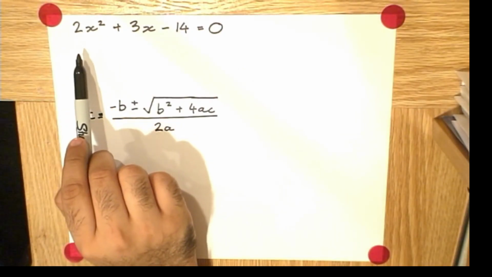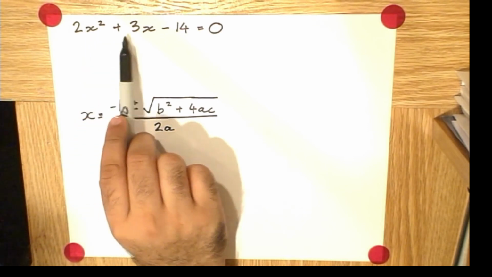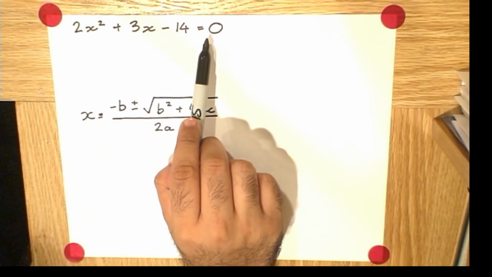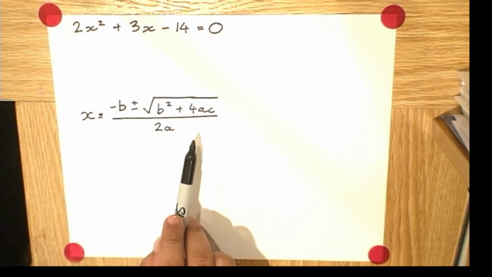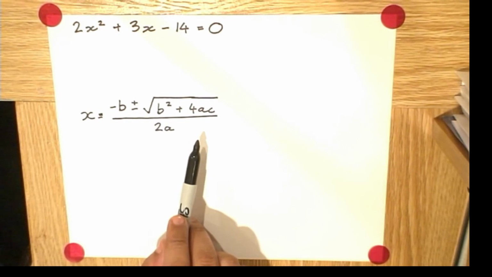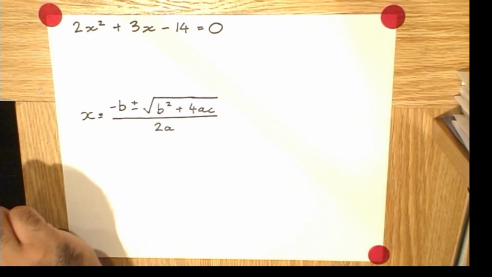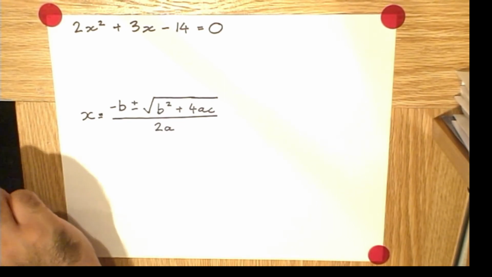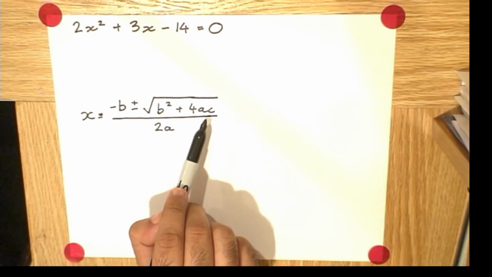Here is a typical quadratic equation. 2x squared plus 3x minus 14 equals 0. We can solve it using the quadratic formula. That is, we can find the values of x that make this equation true. There will be 2 of them. To solve this, we need to find the values of a, b, and c to plug in.